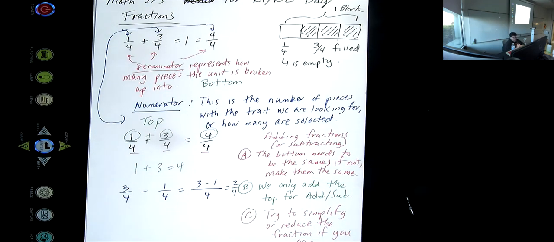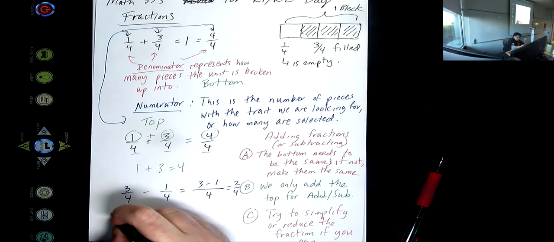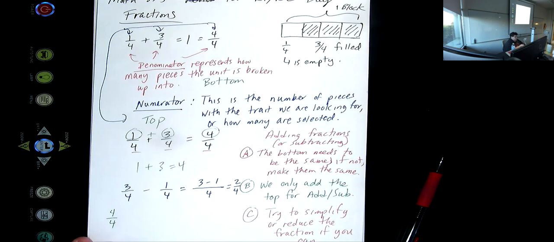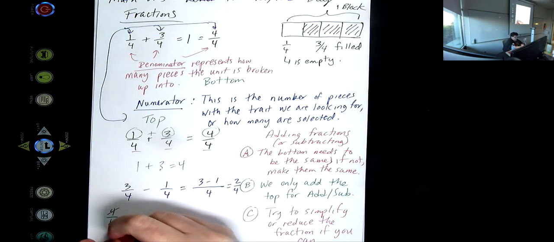And I'll do this on both the 4/4 and the 2/4. So on the 4/4, if you have a number that is on the top and the bottom, you can cross them off and replace them with 1s.